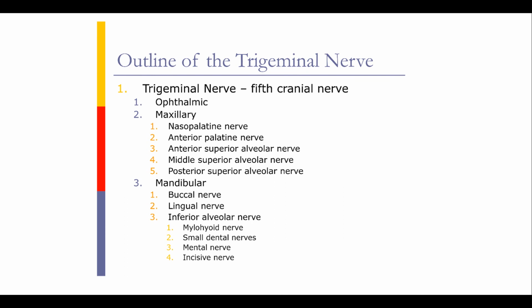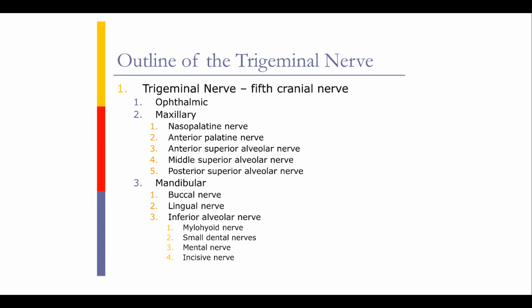So again, here is the outline that I showed you towards the beginning of this lecture of everything we were going to learn. I'm just going to talk it through one more time. So remember, we've got 12 pairs of cranial nerves. The only one we're really concerned about is the 5th cranial nerve, which is Roman numeral 5, called the trigeminal nerve.